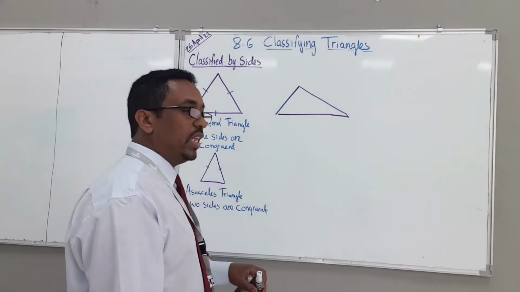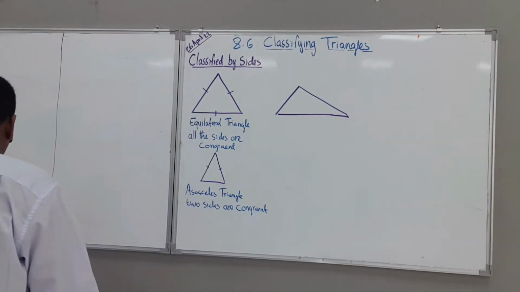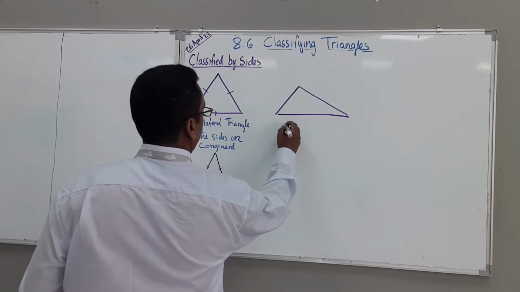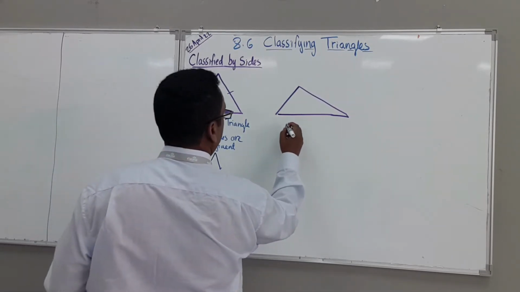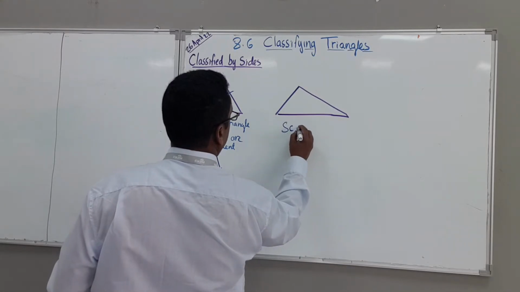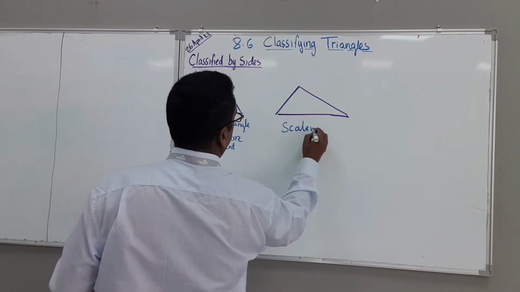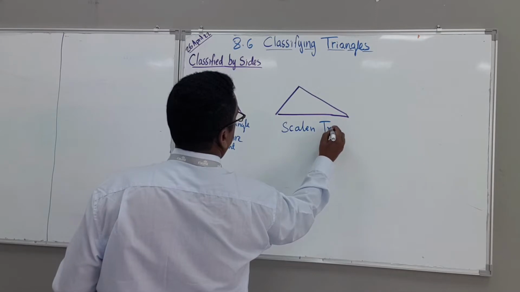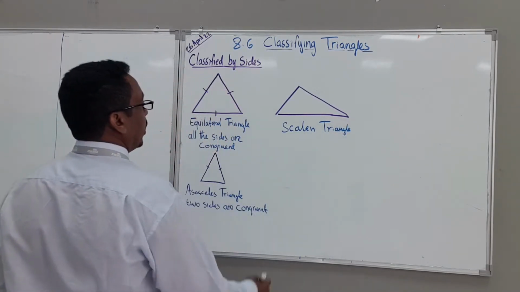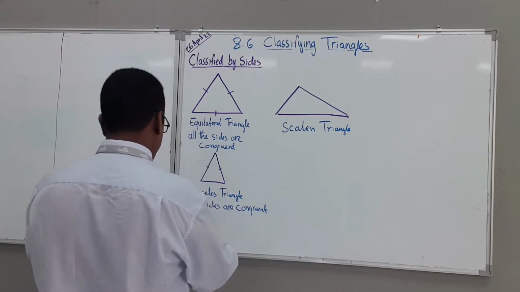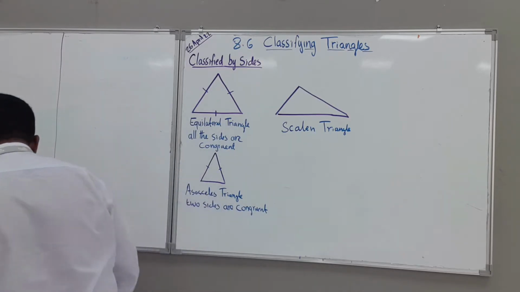We call this one a scalene triangle. Write down that name and remember the spelling. Scalene triangle. What is a scalene triangle? All the sides are different. None of the sides are the same.